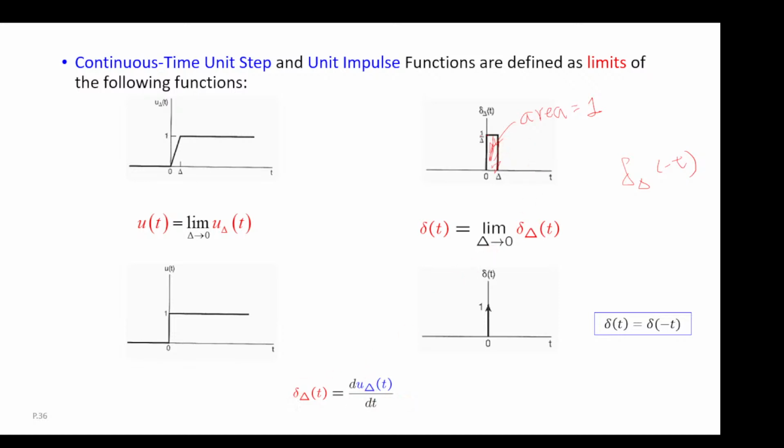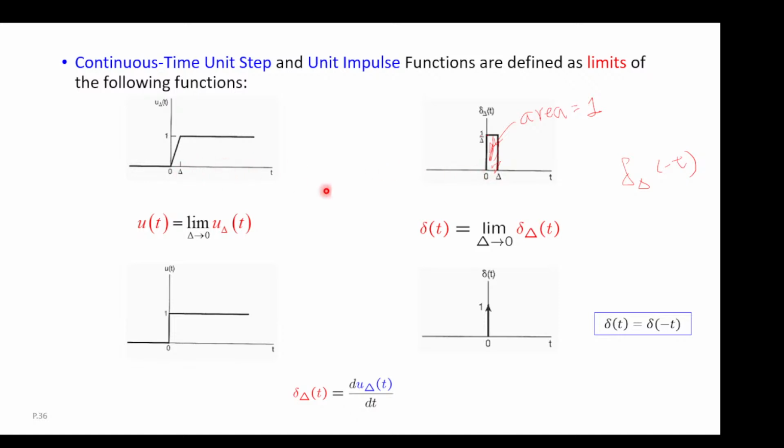One of the properties relating the unit step and the unit impulse is this: from the triangle version you can easily verify that if you take the derivative of this triangle step, it becomes the triangle impulse. For t less than 0 it is constant, so the derivative is 0.